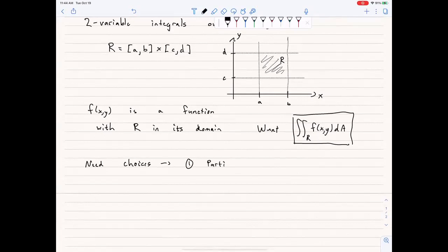But now the partition, you should think of as being like a cheese grater. Take a cheese grater and take your rectangle and grate it, and then turn the grater around and grate it again. Or maybe some kind of slicer, I don't know. No, I like cheese.